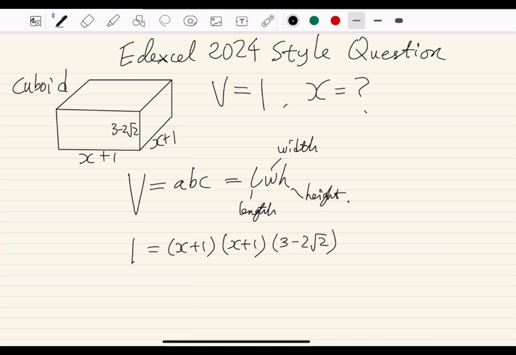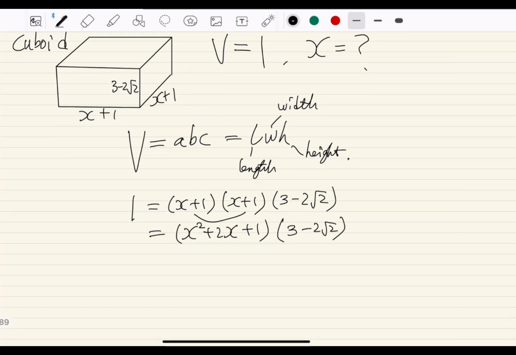We notice those two are the same, so binomial expansion gives us x squared plus 2x plus 1. And then we have 3 take away 2 root 2. These two brackets multiplied together equal 1. So what can we do about that?